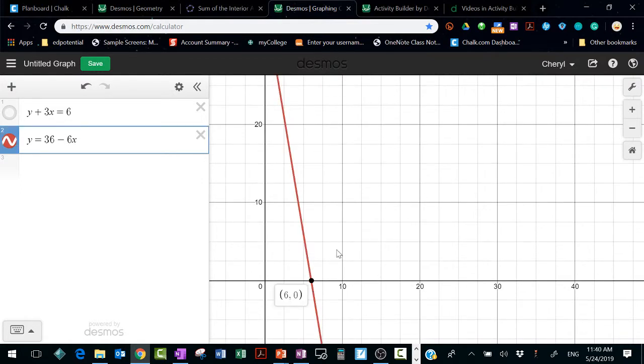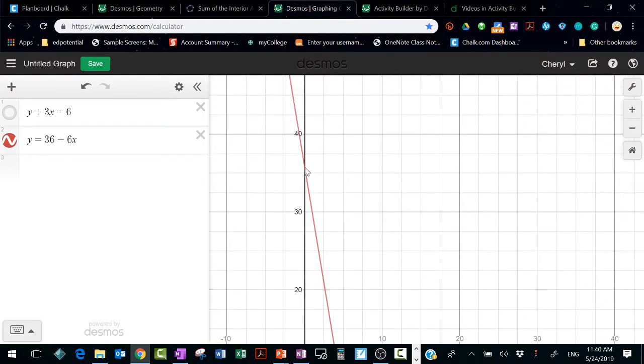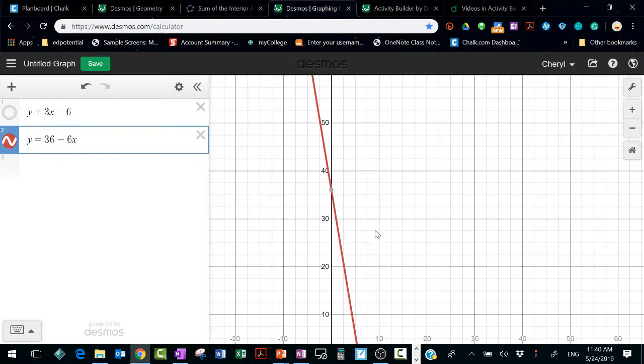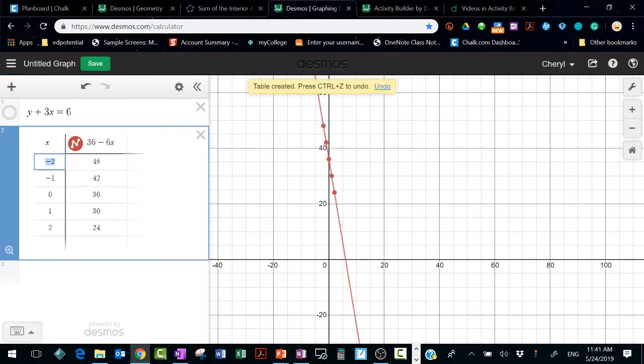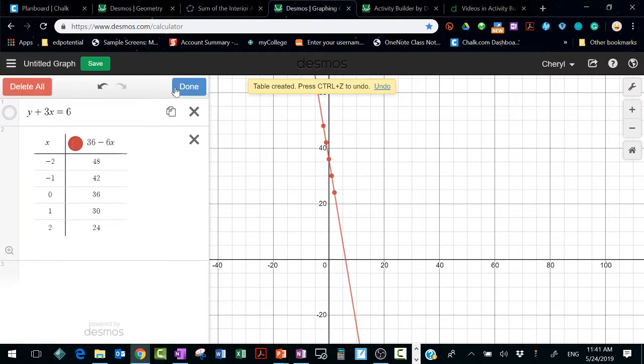I need maybe that one, 0 and 36. If I plot those 2 points, 0 and 36, and 6 and 0, then I can draw a line through them. Oh yeah, it will let me do a table for that one. So some of them they'll let you do tables for, not that one so much.